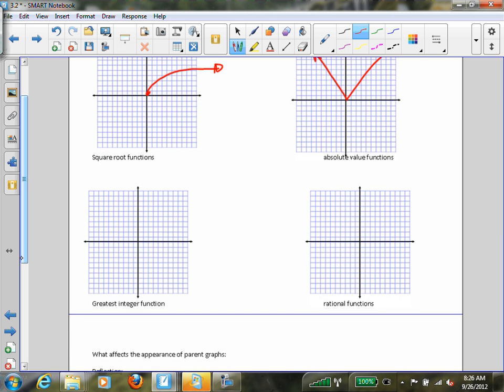Greatest integer function is a parent function, y equals greatest integer of x. We know that that's a step function. And so it's solid to open, solid to open, solid to open. Mine's a little off. Well, there is no origin.